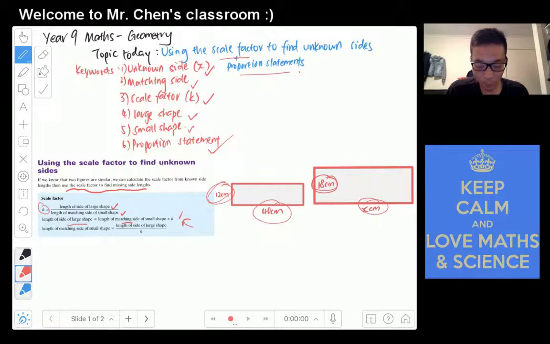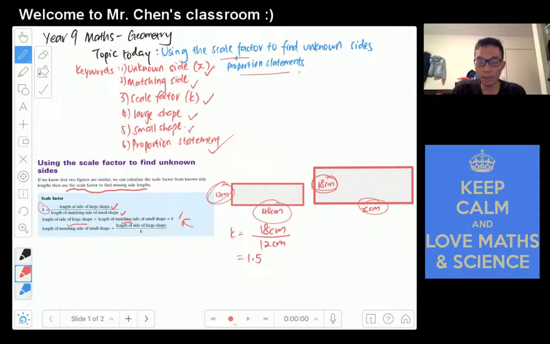So one is 12, one is 18. As we know, k is the length of the large divided by the length of the matching side of the small shape. So the length of the large is 18 centimeters, and the length of the matching side of the small shape is 12. That will give you 1.5.